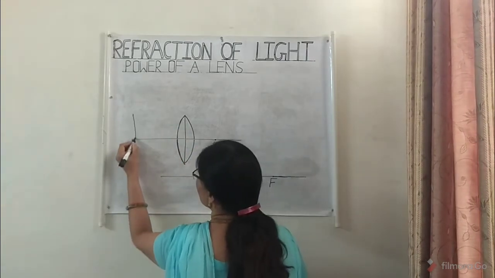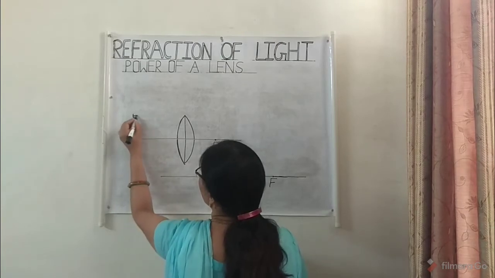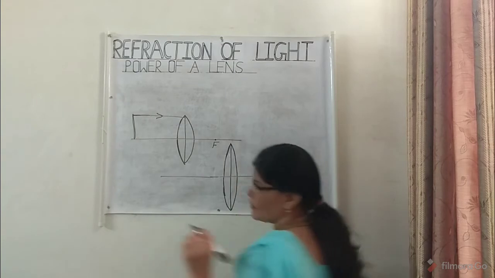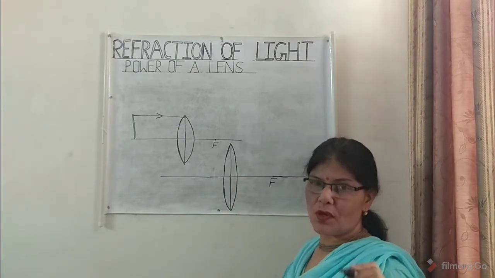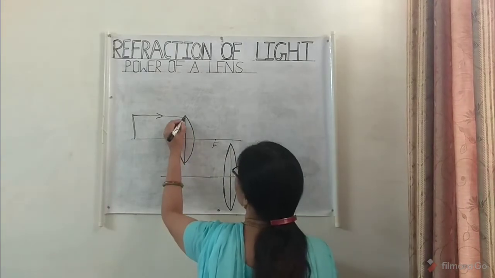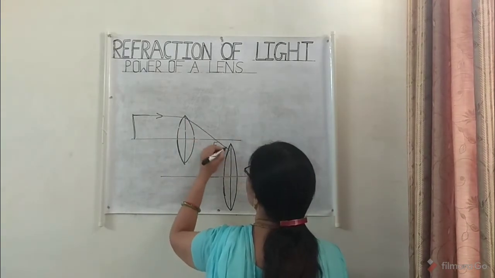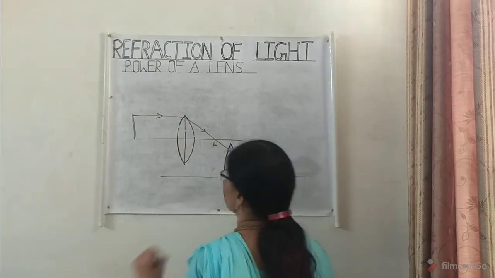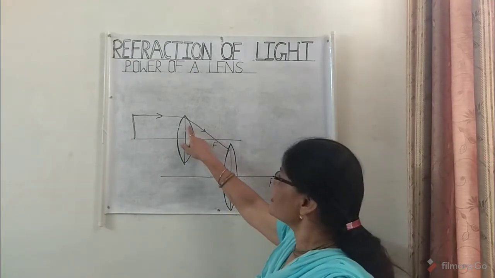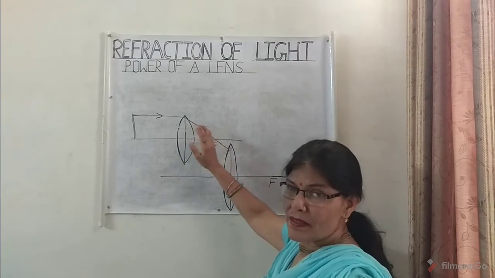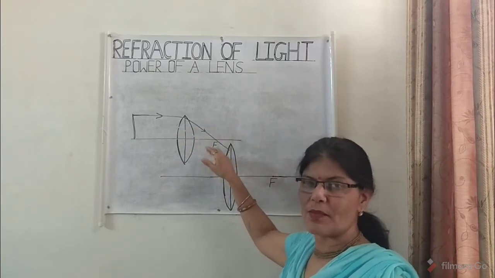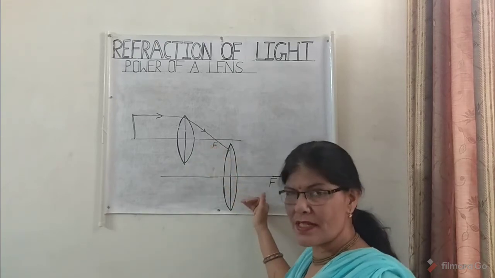If a parallel beam of light comes from the object parallel to the principal axis, then after refraction, the ray will pass through the principal focus. So here the bending is more. In this case, for a lens with shorter focal length, bending is more.